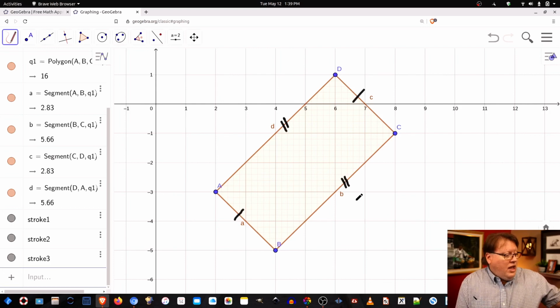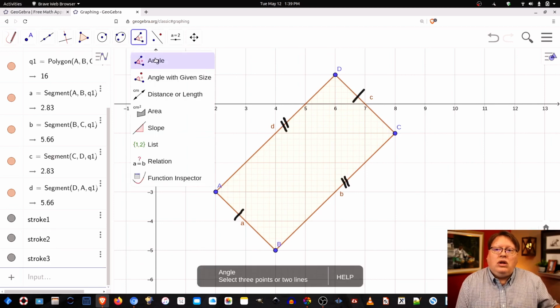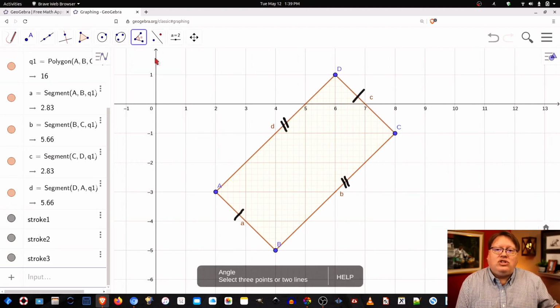Our next part of the analysis is to come over here and use our angle tool. So we're going to click on that and choose angle. And we want to check the angles at each vertex. So we're going to go counterclockwise.